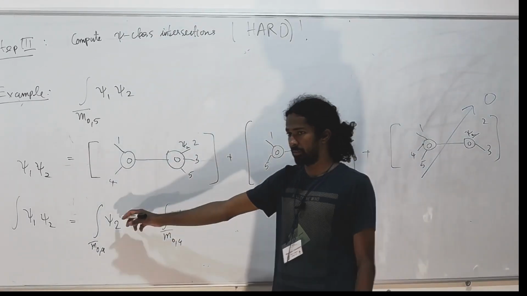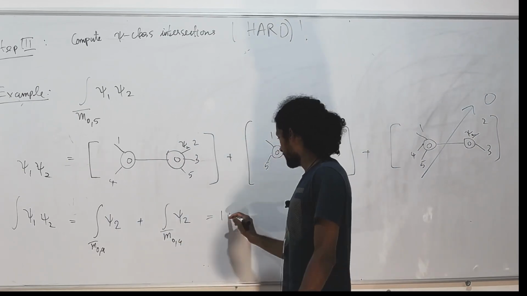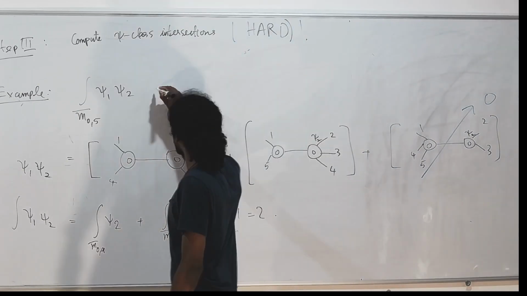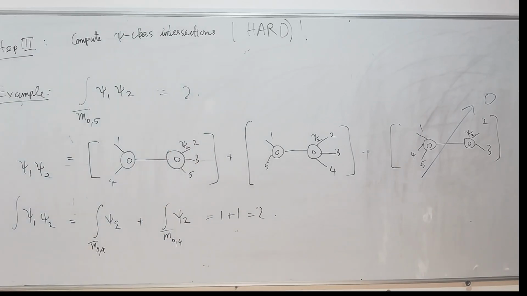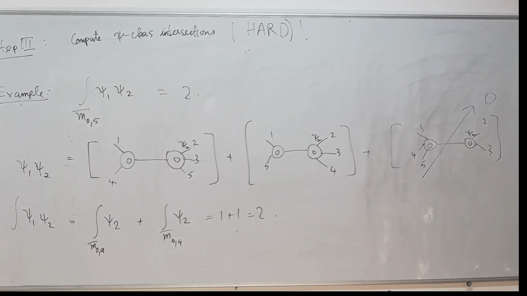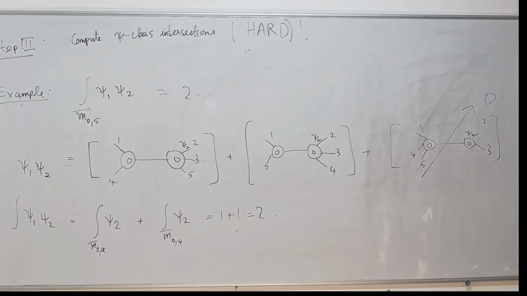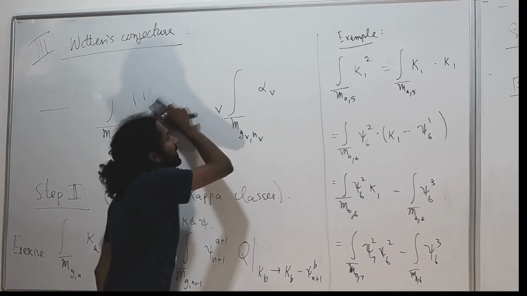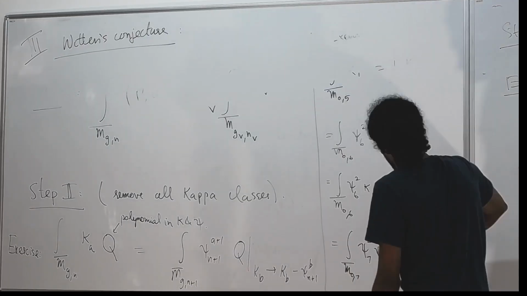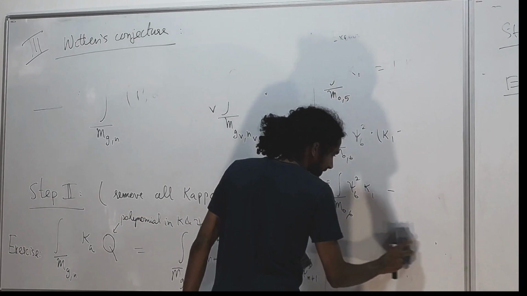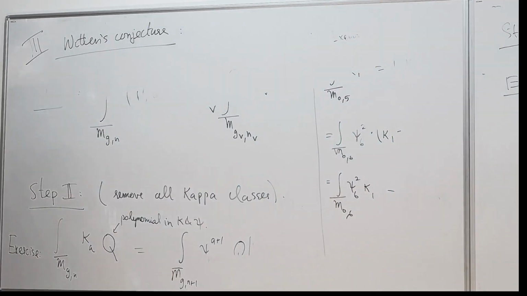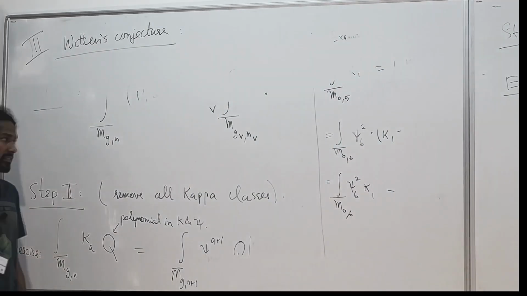Remember, this was 1. So I get 1 plus 1, it's 2. So you can do computations in genus 0. All right, as it turns out, you can't really do these kinds of things in higher genus because you don't know an expression for a psi class in terms of divisors like this.